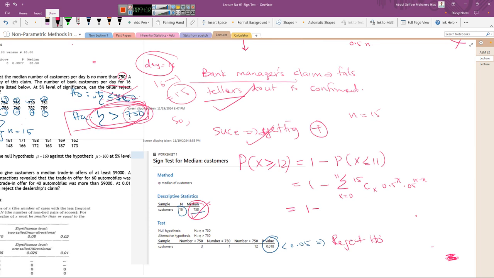So this is equal to, you can calculate along with me, summation 15 C x, (0.5)^x into (0.5)^(15 minus x), from 0 to 11, is equal to... it takes time, yeah, 0.982, right?